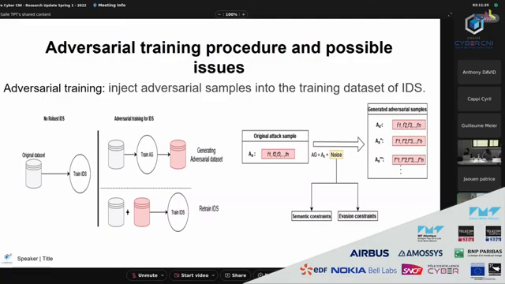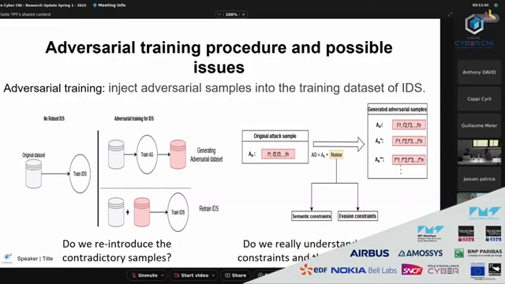So here two questions arise. The first one is: when we generate and add these adversarial samples, do we impair the quality of the dataset by reintroducing the problem of contradictory samples?